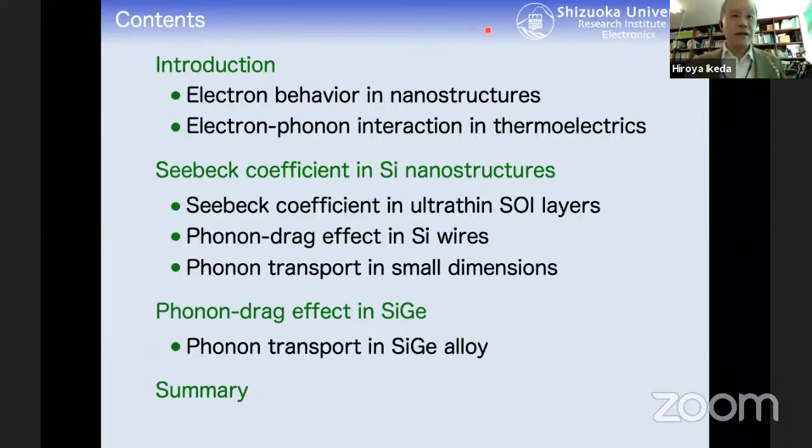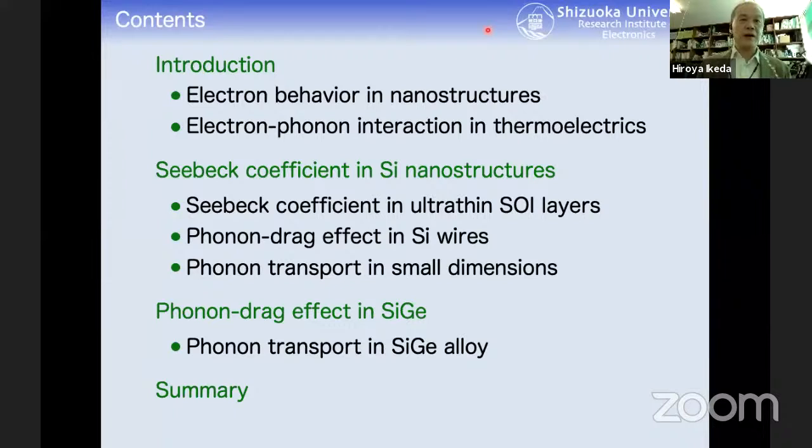Okay. Firstly, I explain electron behaviors in nanostructures such as a quantum well, quantum wire, and quantum dots. As you know, in these nanostructures, there are effects such as confinement effects, which lead to the discrete energy levels of electrons, and a drastic change in the density of state distribution, and the tunneling phenomenon and the Coulomb blockade phenomenon.